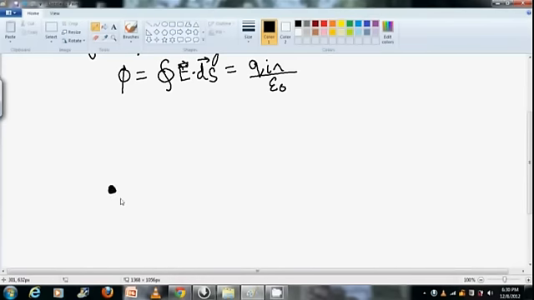From Coulomb's law, if you go back to chapter 2, the electric field because of a point charge Q at a distance r is given by kq by r square. This we derived from Coulomb's law. The electric field is nothing but force per unit charge, which can be derived by Coulomb's law.